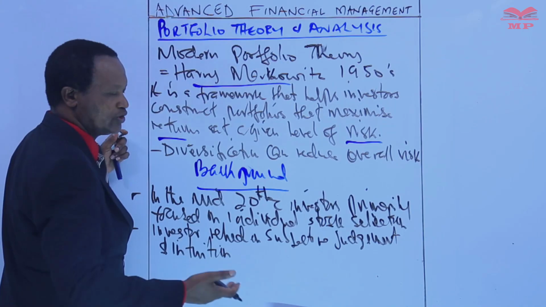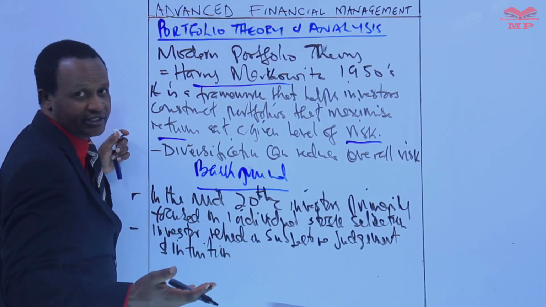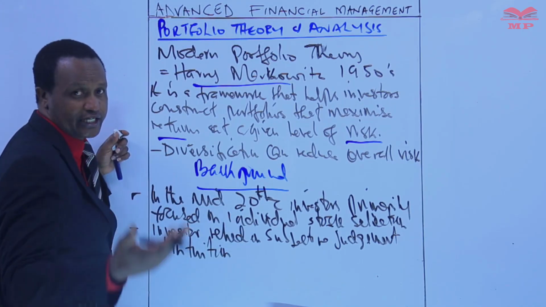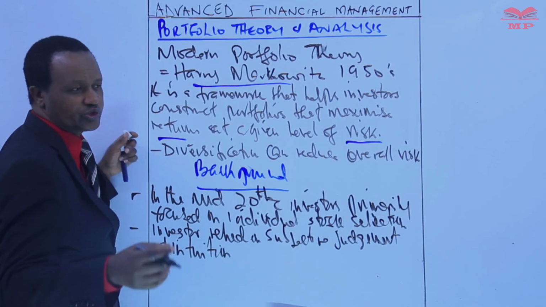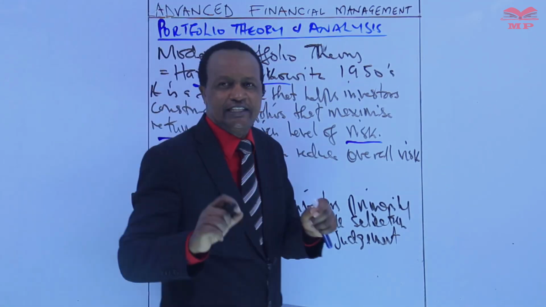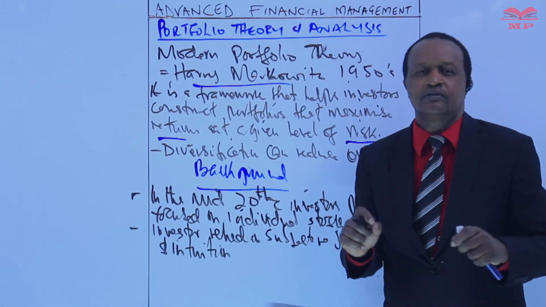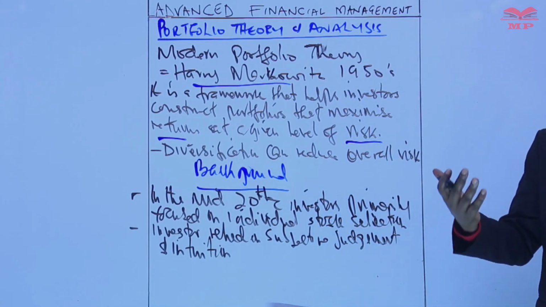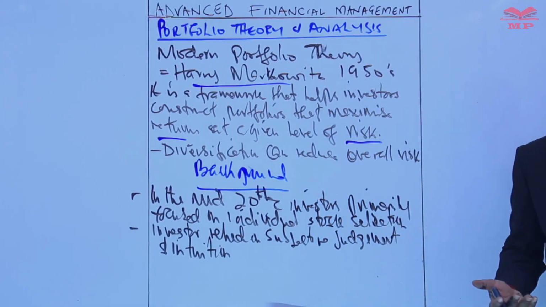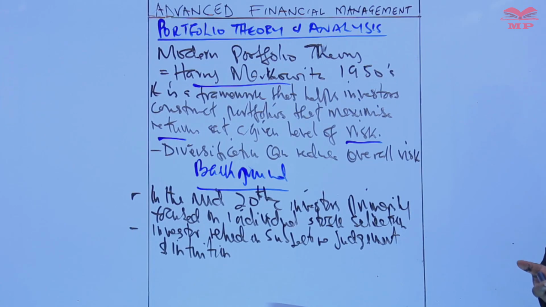They relied on qualitative judgment. Then came Markowitz, who introduced a quantitative approach that allowed investors to systematically analyze risk and return. These are risk and return characteristics of portfolios.